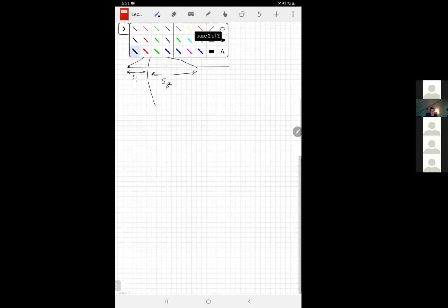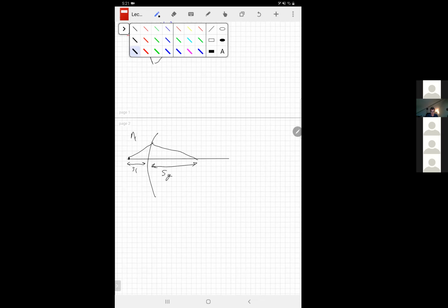And this medium on the left has an index N1, and the glass has an index NG. And we are going to have to make it so that all of the paths take the same time. This path on axis will take the same time as the off axis path.